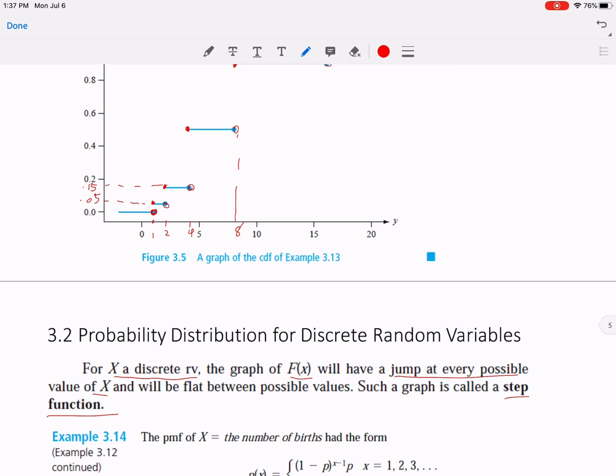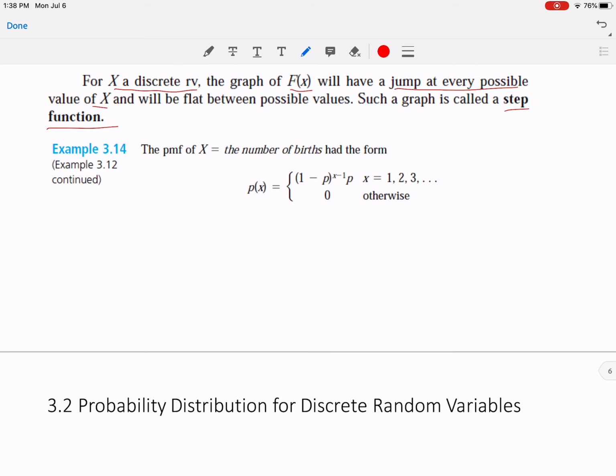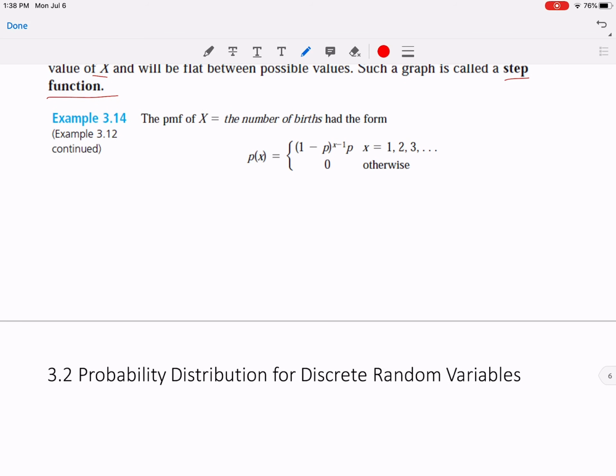That's why it's got a horizontal line segment in each interval. It's all horizontal. Okay, so once we know this, let's take a look at how to find the CDF with the given PMF here.